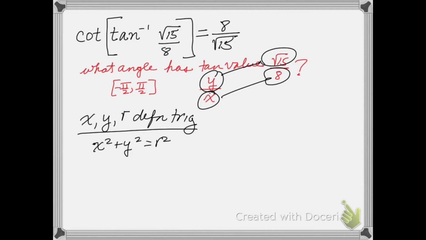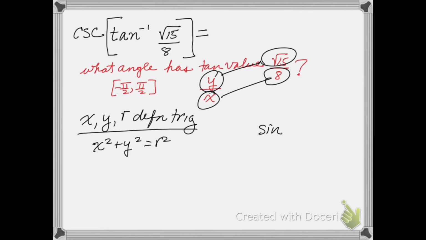Now let's go back here, because I want to use this x squared plus y squared equals r squared. So I'm going to go back to this cotangent and say, let's look for the cosecant. If I'm looking for the cosecant, let's think about that.